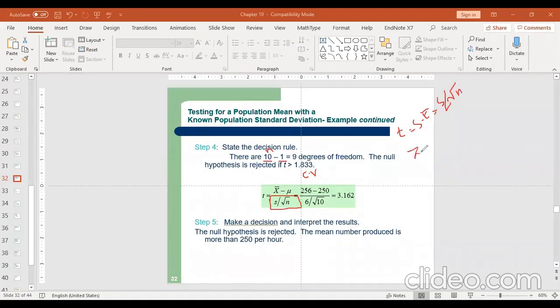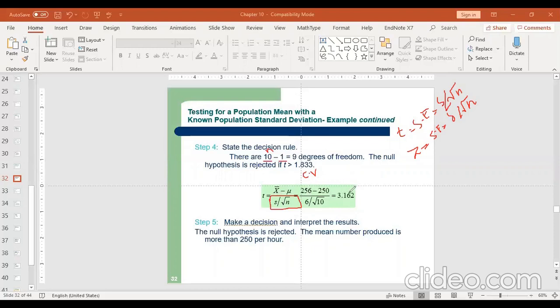In case of z, standard error is sigma divided by square root of n. So the divisor of this formula is basically the standard error.